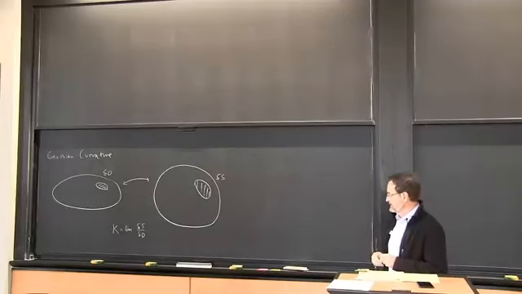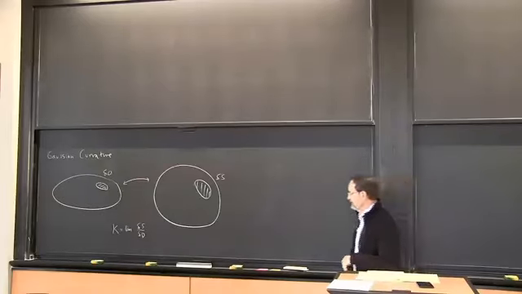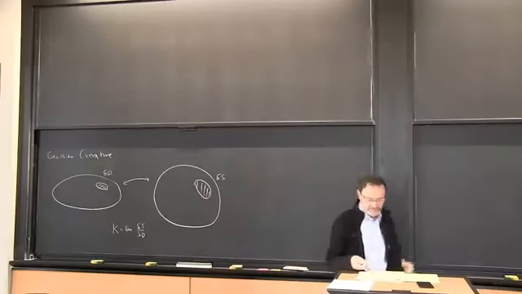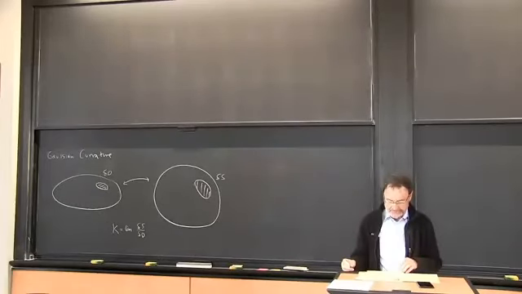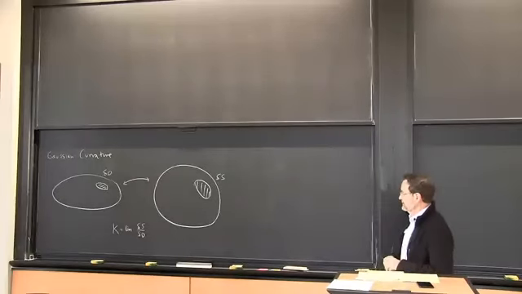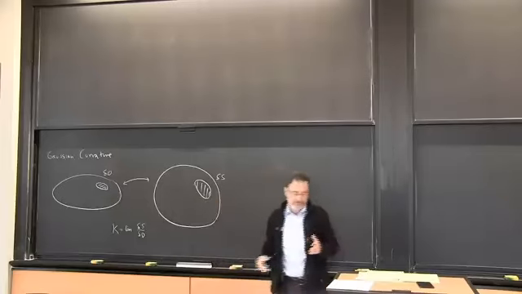So the Gaussian curvature is just a ratio of those two areas, and we saw that in the case of a sphere, that obviously becomes 1 over r squared, because the area on the object is 4 pi r squared, and the area on the unit sphere is 4 pi.